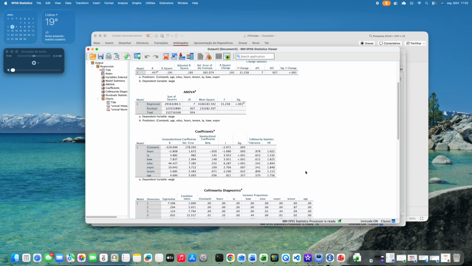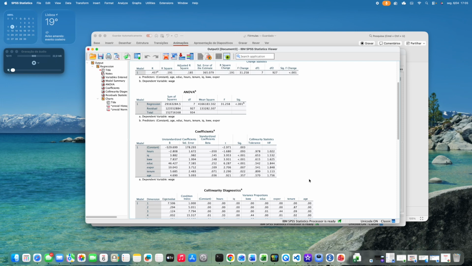Especially when we have VIFs close to 10, which means tolerance close to 0.1, we have problems, we have severe collinearity, and we will have to exclude that variable.